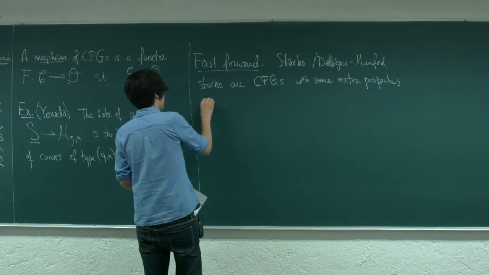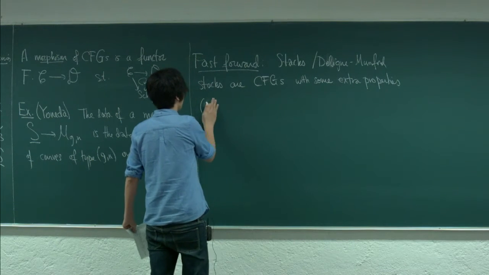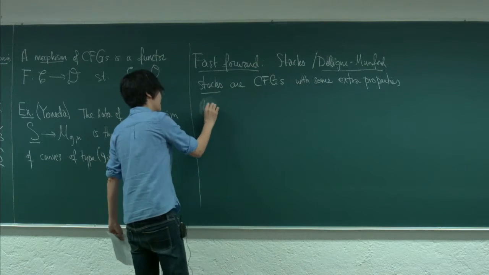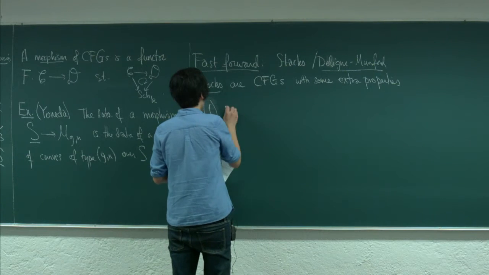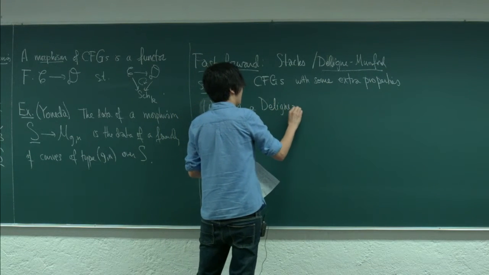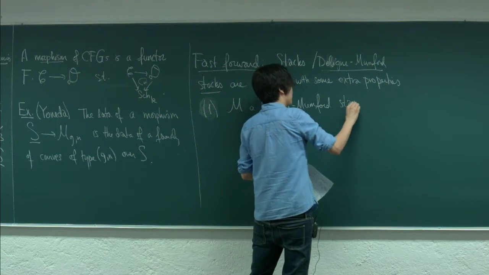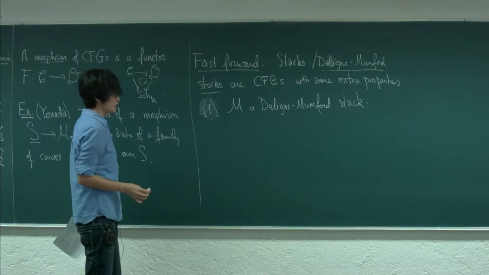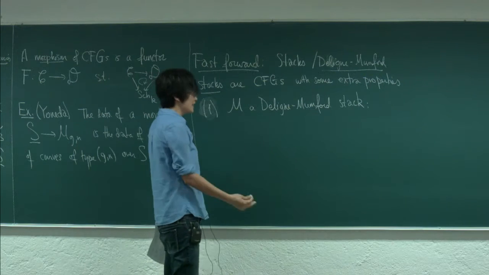Okay, so first, here I'm going to talk about Deligne-Mumford stacks. So, right, if I have a Deligne-Mumford stack M, then one of its properties, this is one of the requirements to be a Deligne-Mumford stack, is that it's representable.